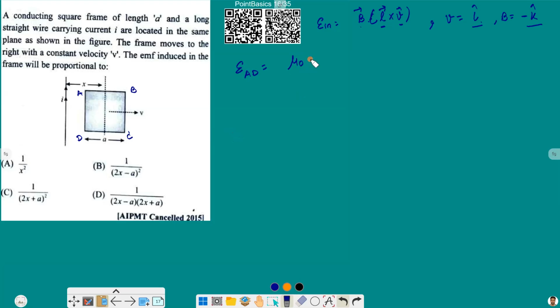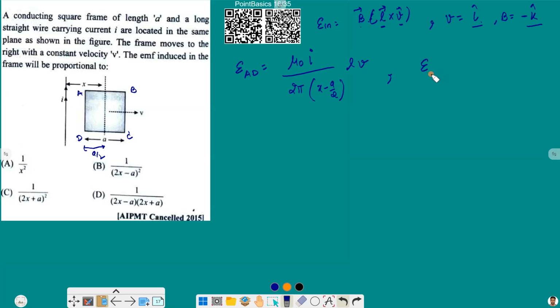The distance of AD from the wire is x minus a by 2, since this distance is a by 2. So mu naught I by 2 pi into x minus a by 2, into length into velocity.